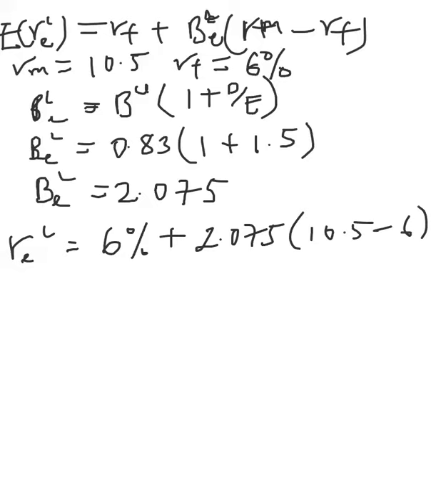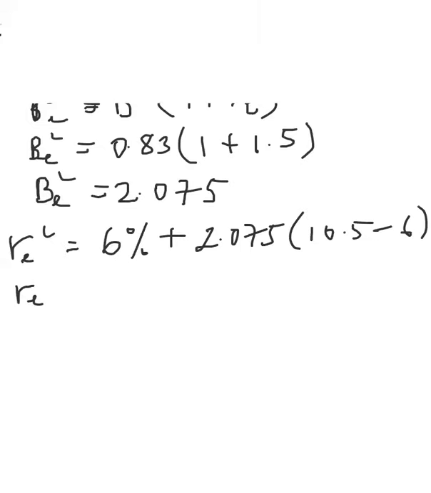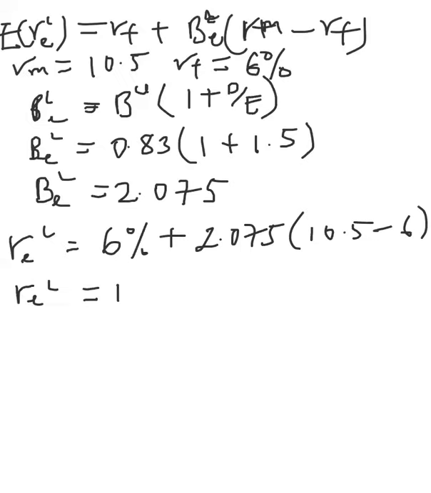So I have 6 plus 2.075 into bracket 10.5 minus 6, and that gives me RE of L equal to 15.3375. To 2 decimal places, it is 15.34%.